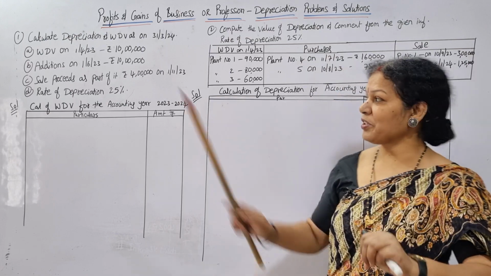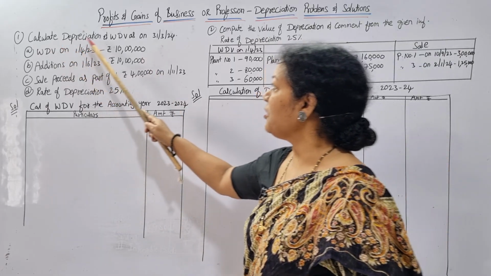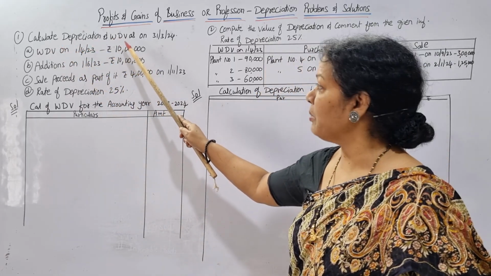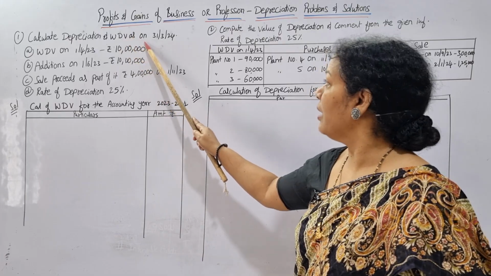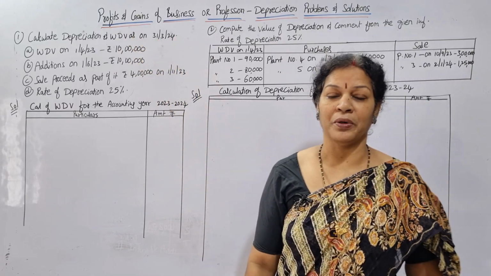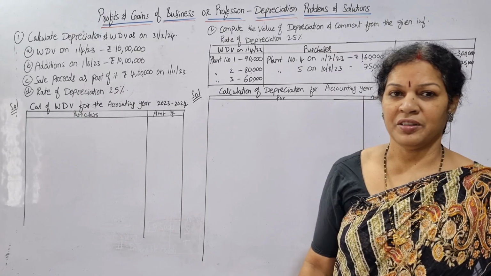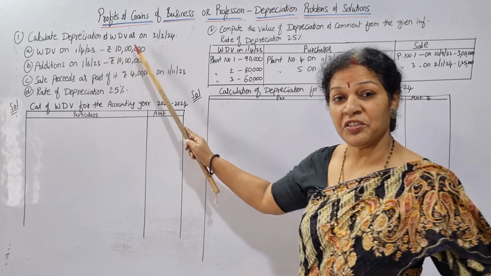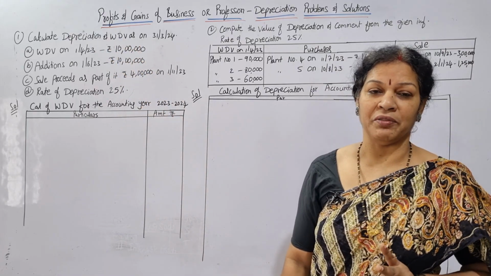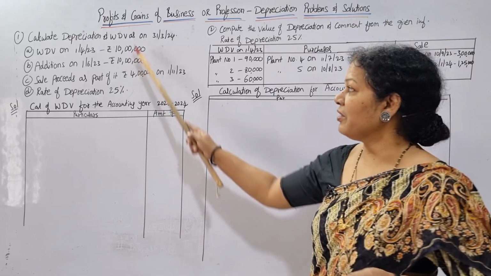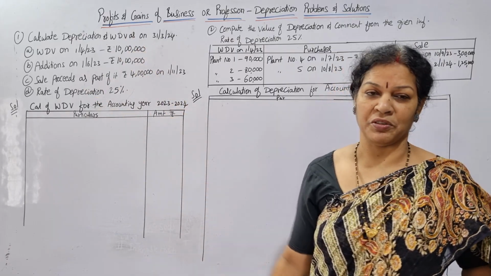Now, two problems. First problem is here. Calculate depreciation and WDV, written down value, as on 31st March 2024. Simply they are asking depreciation and WDV, written down value. What is the information given? Only 4 information is given.